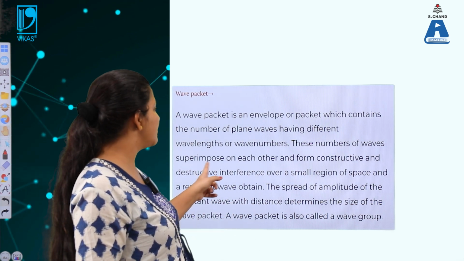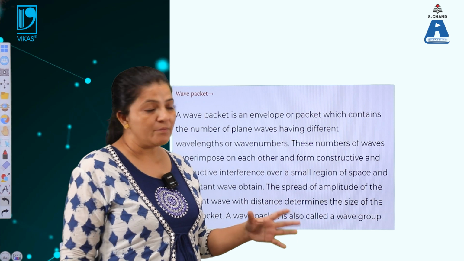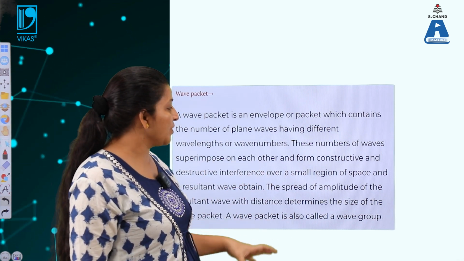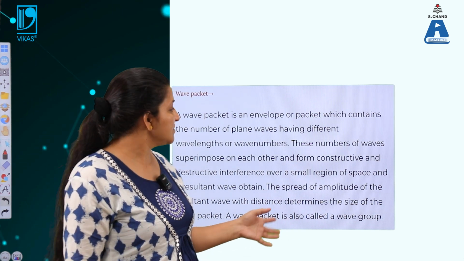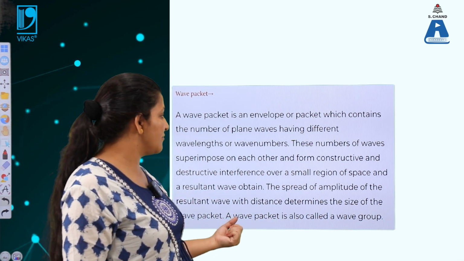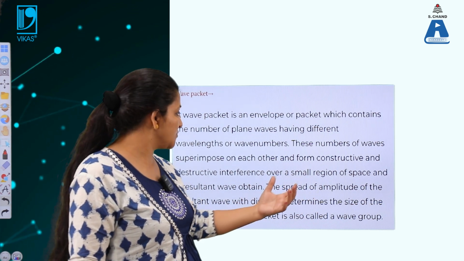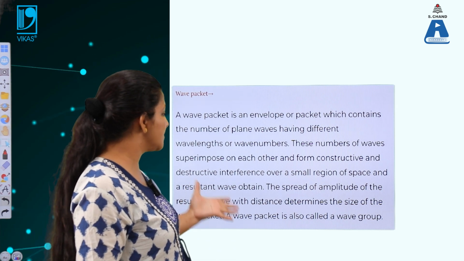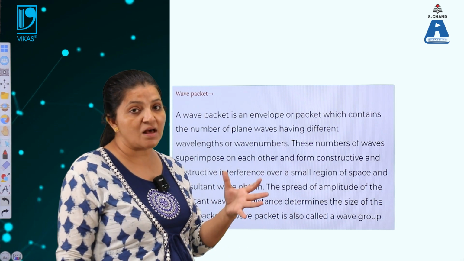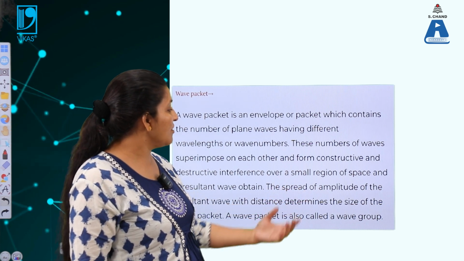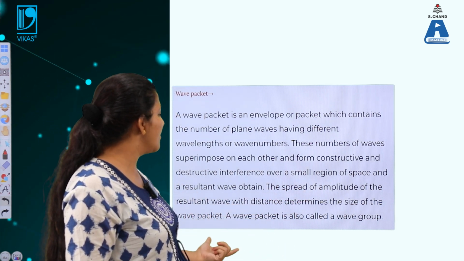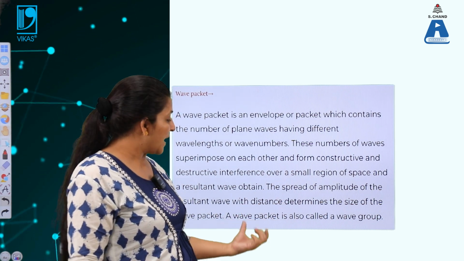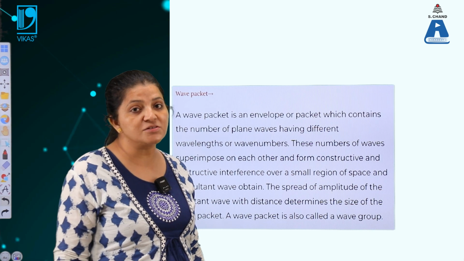These waves will superimpose on each other because they have different wavelengths. They can give a constructive or destructive interference over a small region of space, and a resultant wave is obtained. This resultant wave is known as the group wave, and the spread of amplitude of the resultant wave with distance determines the size of the wave packet. The wave packet is also known as a wave group.